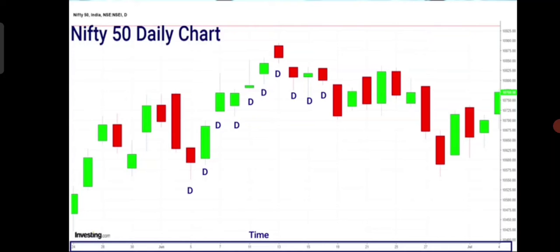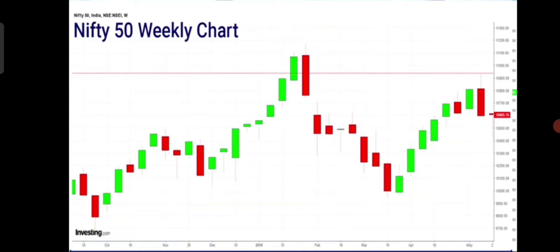Now suppose I want to look at a weekly chart, then each candle would represent a particular week. So when we are looking at a weekly chart, we will get a lot of time period data squeezed within a smaller amount of space, right?